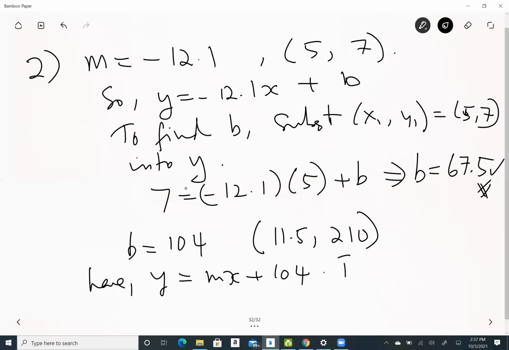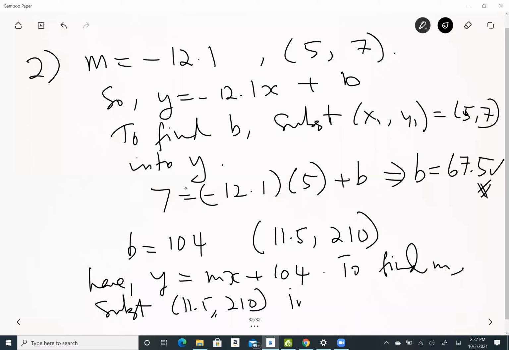Again, to find m, we do the substitution. Substitute 11.5 and 210 into the equation. What do you get?